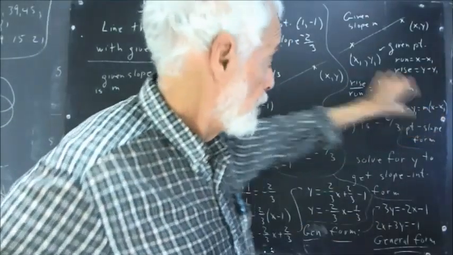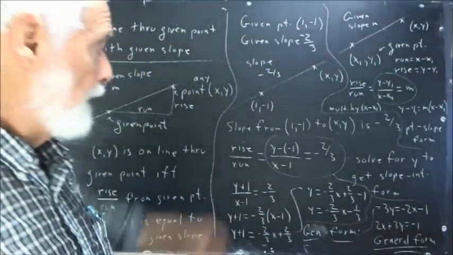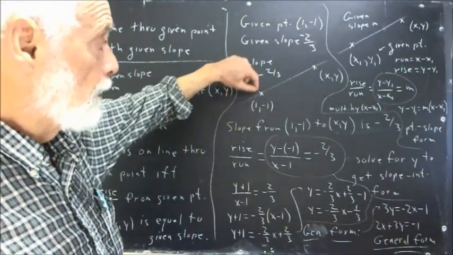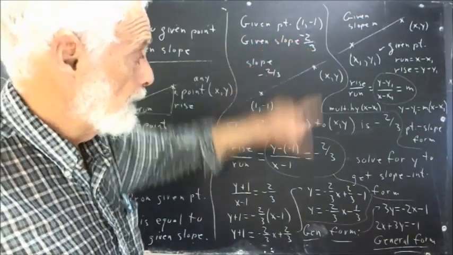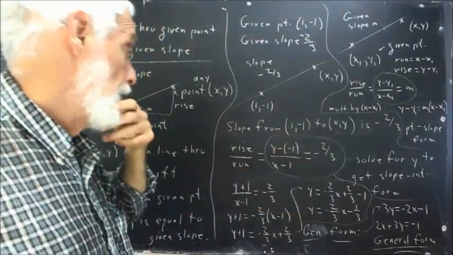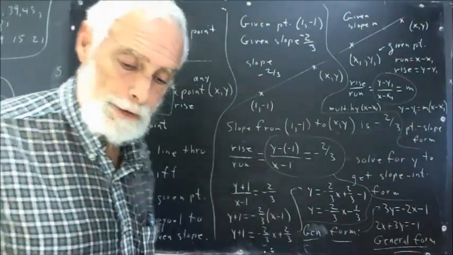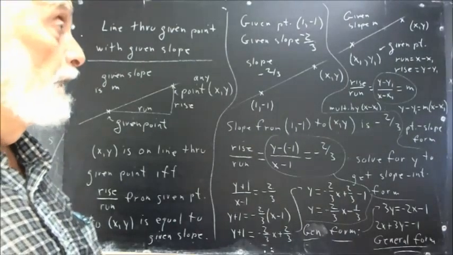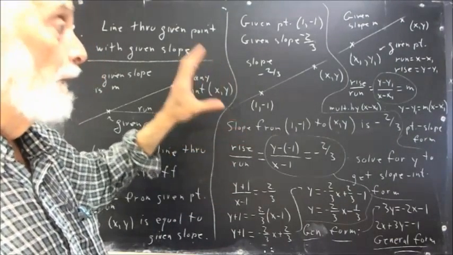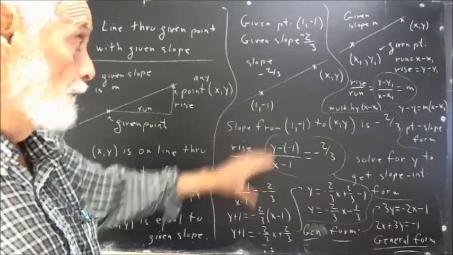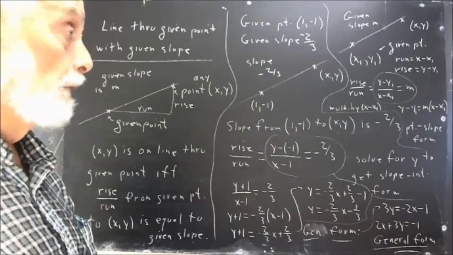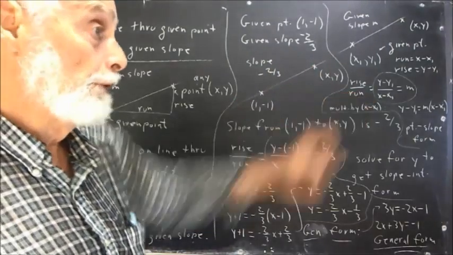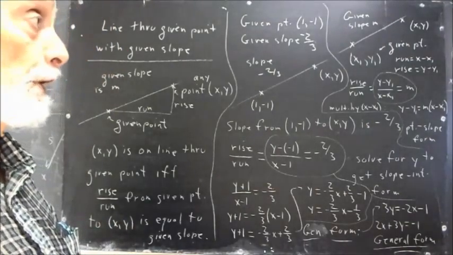I mean, this says something too, but this says it more simply. And this whole idea of finding the slope from the given point out to xy and setting it equal to the given slope is in many ways more efficient and tells you more about what's going on. It gives you a better picture of what the equation of the line actually means. Still, if you want to use that form, I won't object in the least.